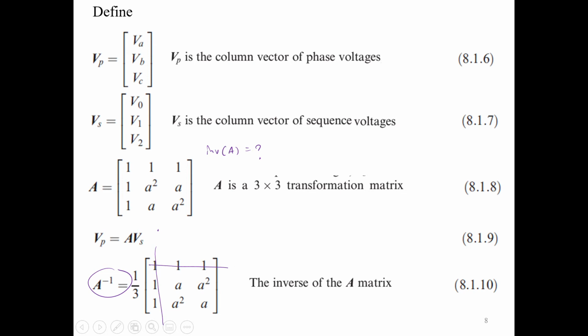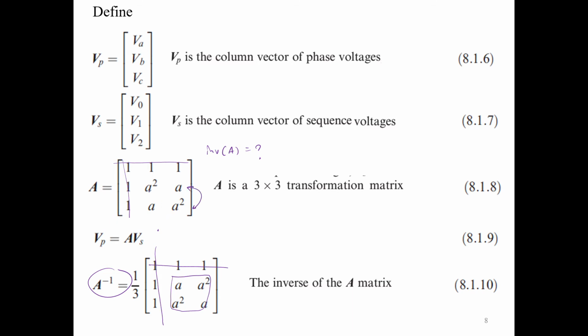The way to memorize this is that the first row and the first column remain unchanged, which is 1 in this case. The change is just in the rest part. The change is just a swap of these two lines, you can see.